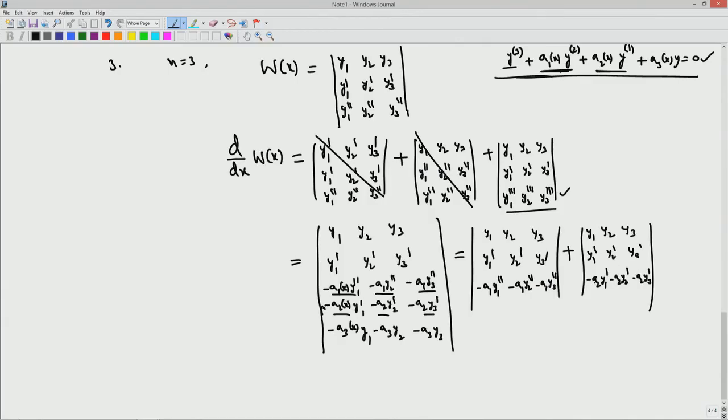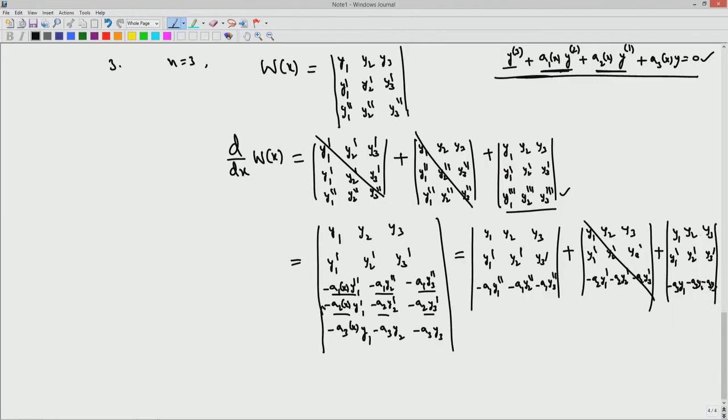These are same because a2 is a function of x, which you can take out, then the second row and third rows are same, so this is 0. Similarly, the last one y1 y2 y3, y1 dash y2 dash y3 dash, and this last one is minus a3 y1, minus a3 y2, minus a3 y3.